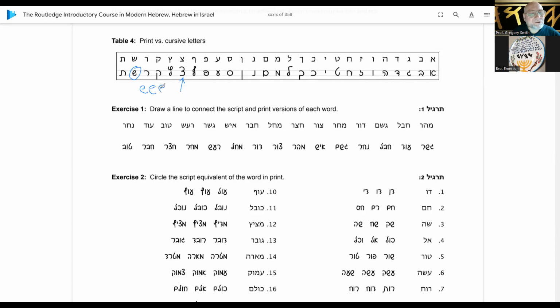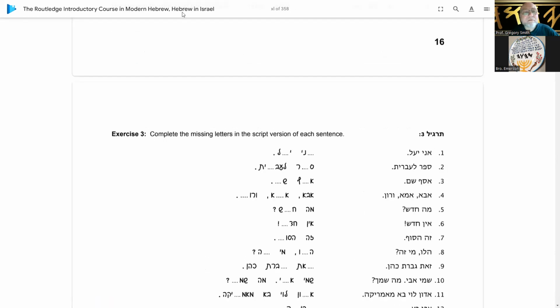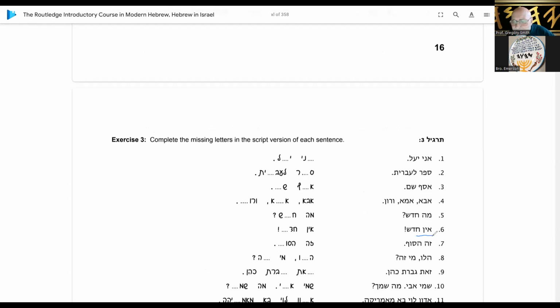Shin, shin, shin. Okay, I think I've got it now. So here it is right here. Ein Hadash. There's nothing new. And so it looks like an E. There we go. Ein Hadash in cursive in Hebrew.